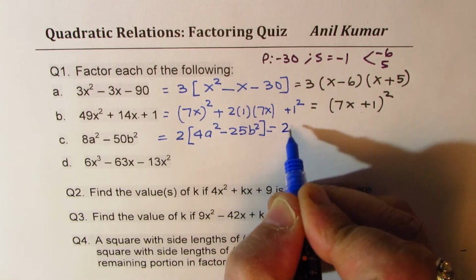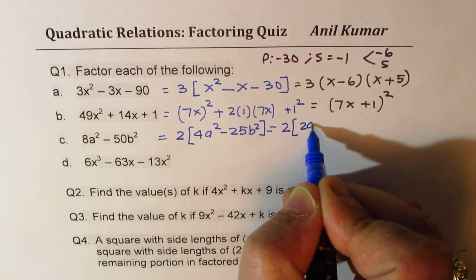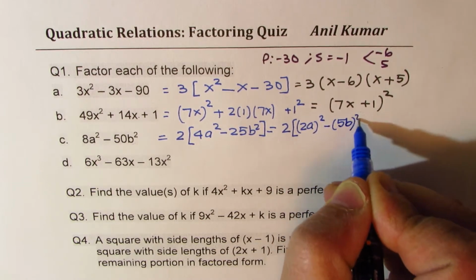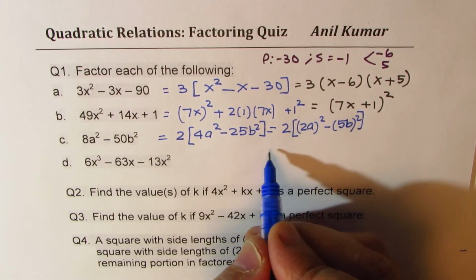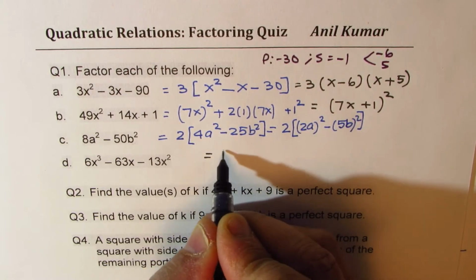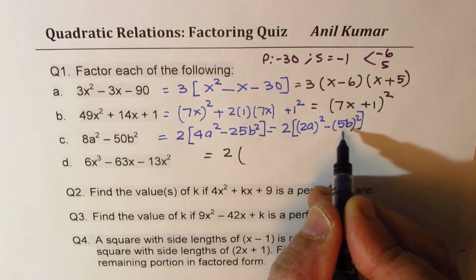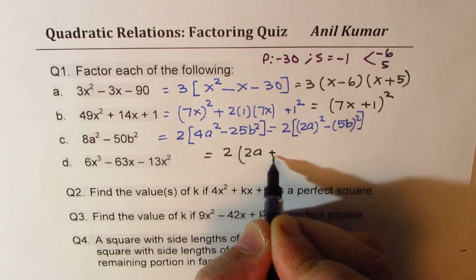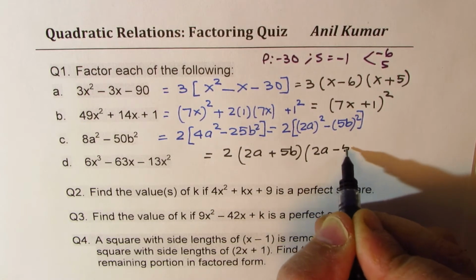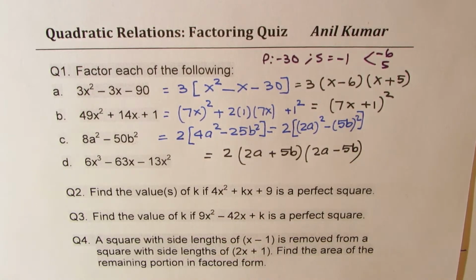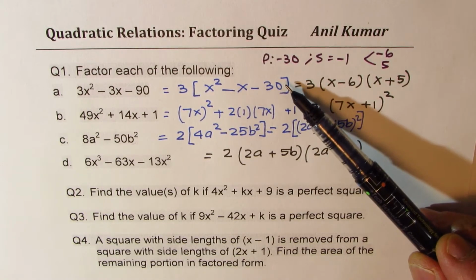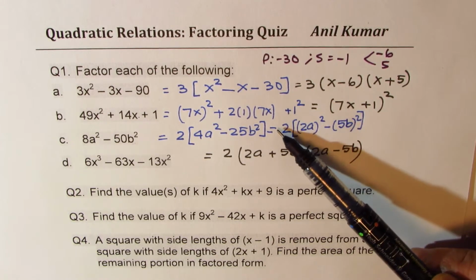So let me rewrite this as 2a whole square minus 5b whole square, which can now be written in factored form as 2 times 2a plus 5b times 2a minus 5b, right? So we have used difference of square. So what you will notice here is that we have used common factoring, perfect square concept, difference of square concept.